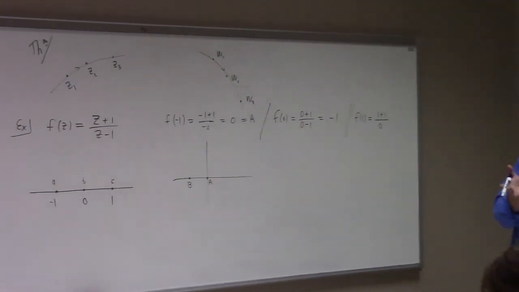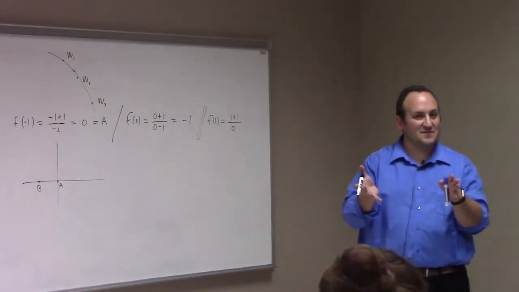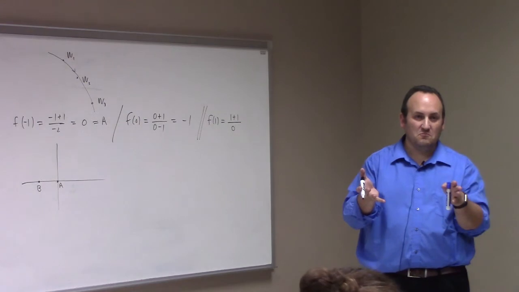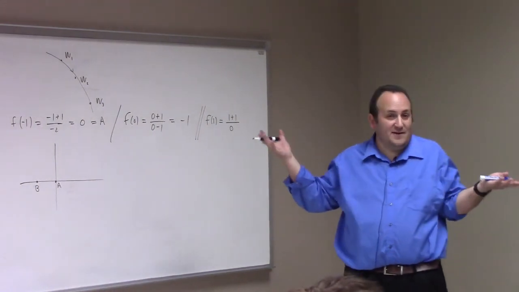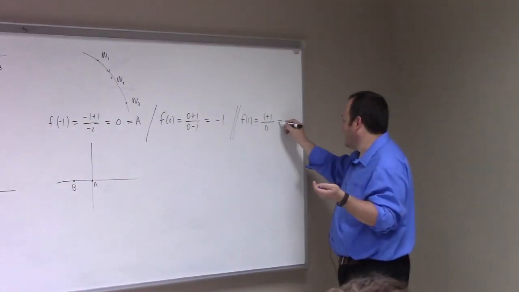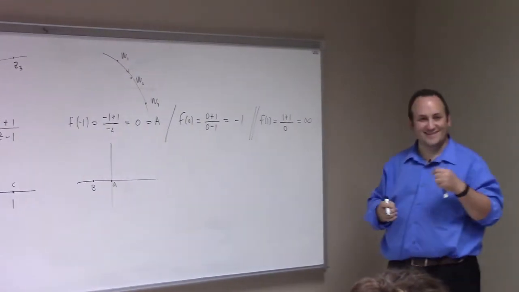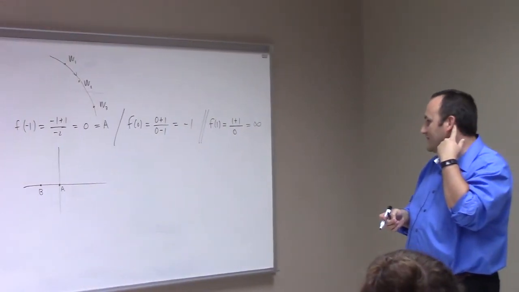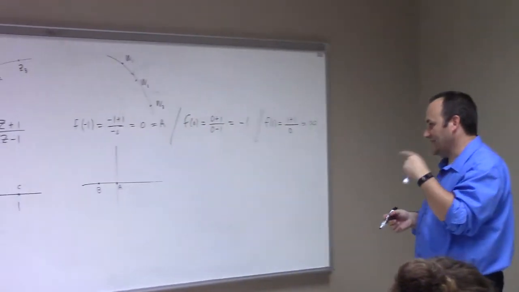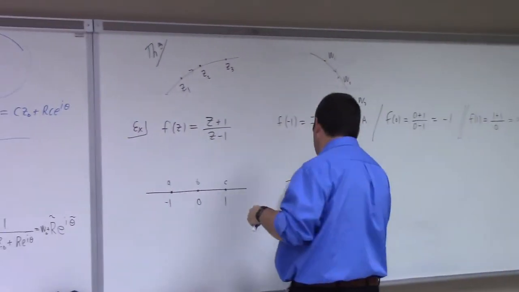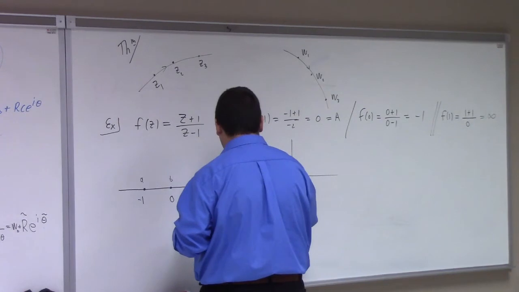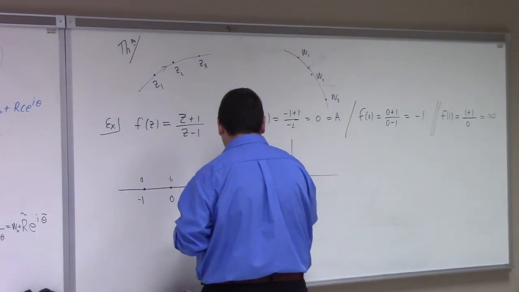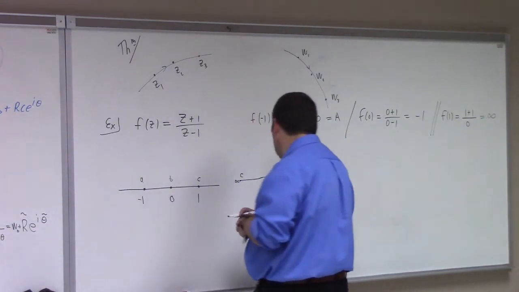For example, division by 0: is it not defined? No, it's defined. It's just infinity. So this is infinity, and that's C. It's way out here at infinity.